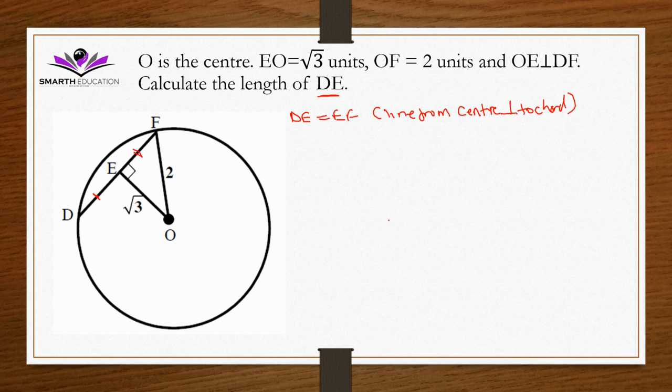If we check triangle OEF, it is a right angle triangle, and the hypotenuse is OF. So OF squared is equal to OE squared plus EF squared. Why are we saying that? Pythagoras.